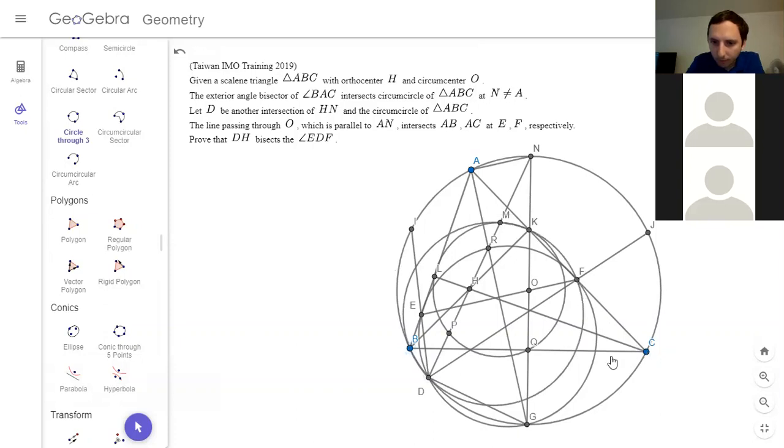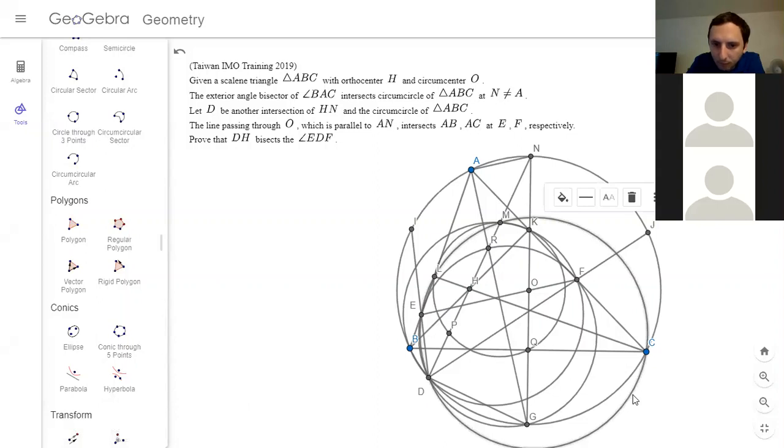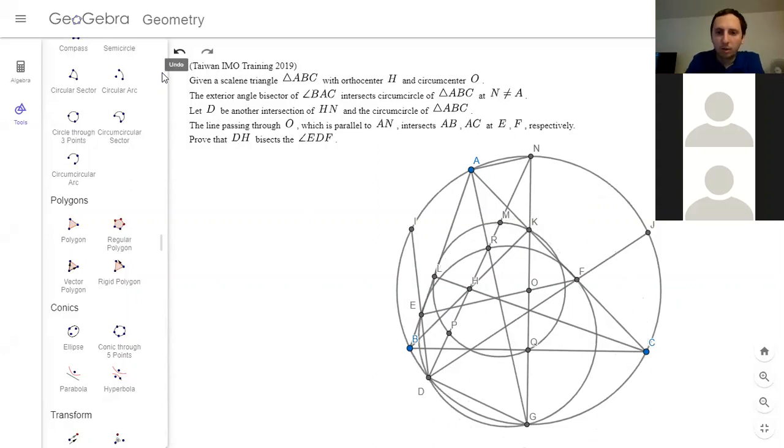So we would have BDF, and we would have all three of these circles, really: CDEM, CDEL, CDELM, DEGF.